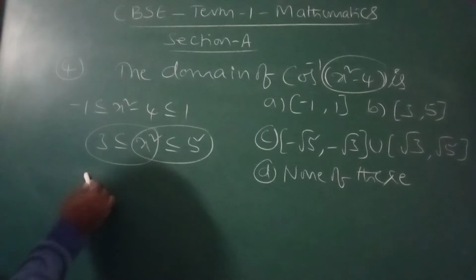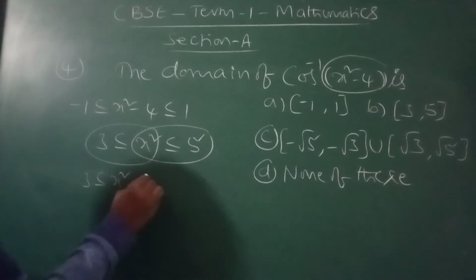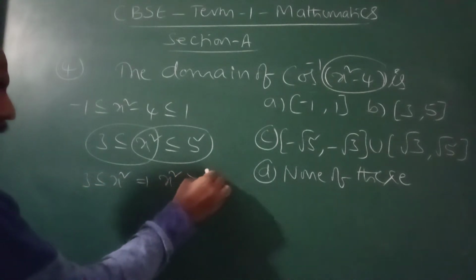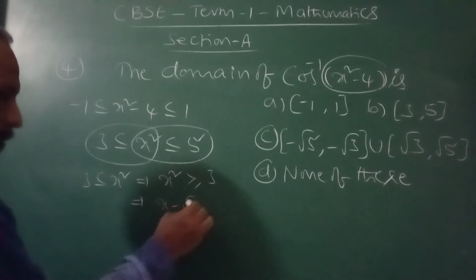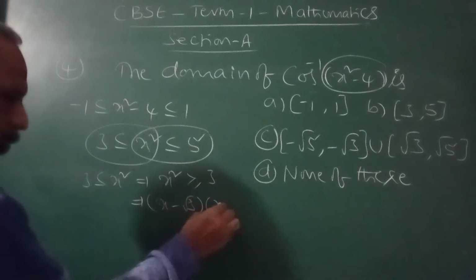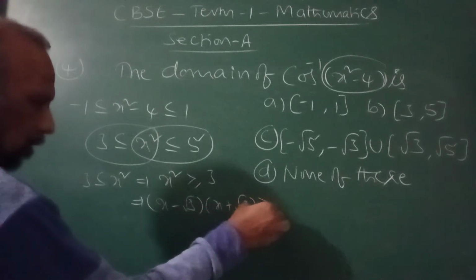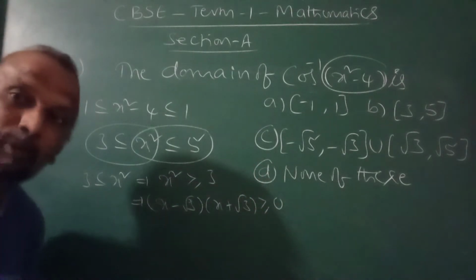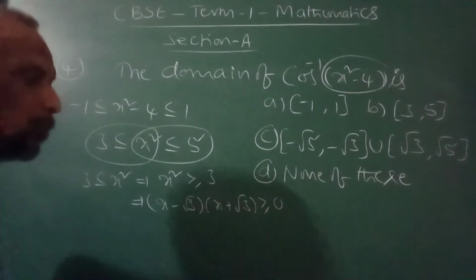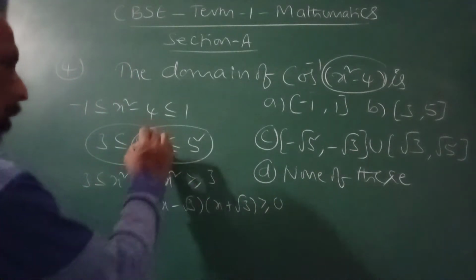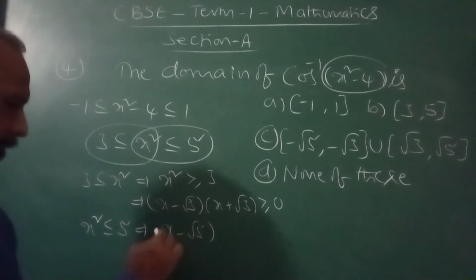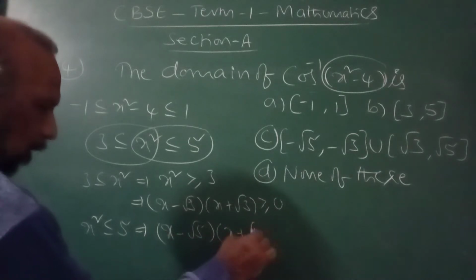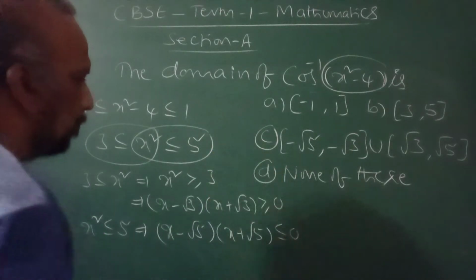Taking 3 less than or equal to x square, the meaning is x square greater than or equal to 3. So I can write (x minus root 3)(x plus root 3) greater than or equal to 0. That means x does not lie between minus root 3 and root 3. If we come here, x square less than or equal to 5 means (x minus root 5)(x plus root 5) less than or equal to 0.